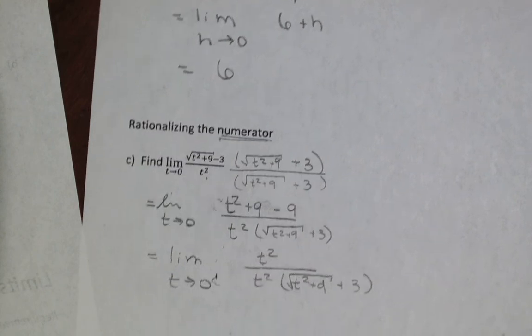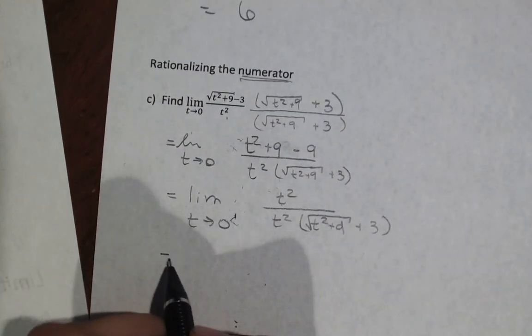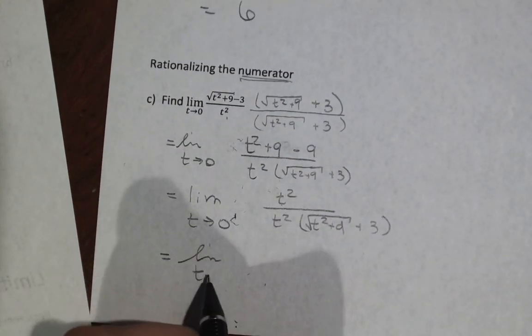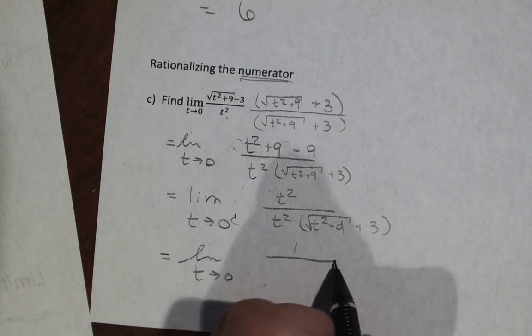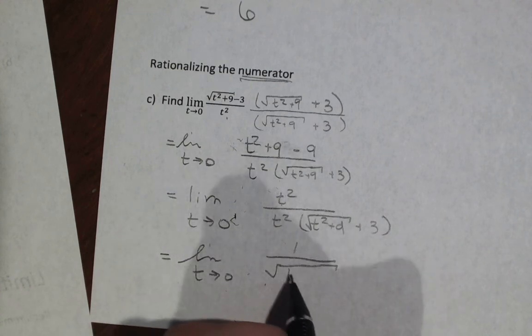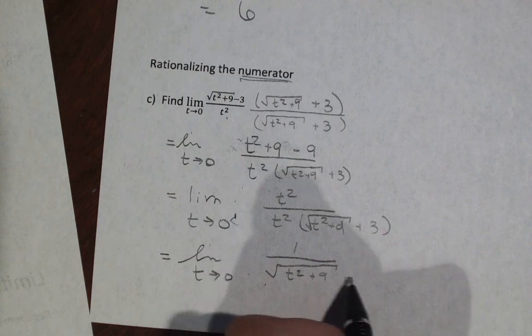And now notice here t squares cancel out. So you get the limit as t approaches 0 of 1 over the square root of t squared plus 9 plus 3.